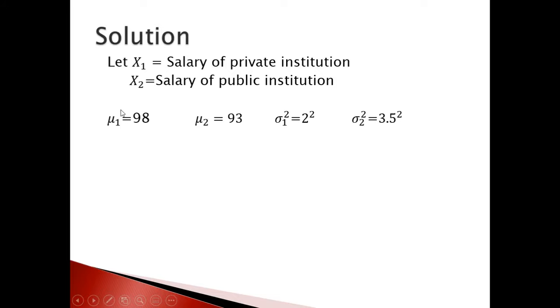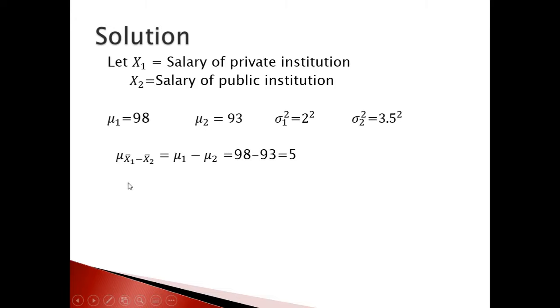The mean of population 1 is 98, the mean of population 2 is 93. So sigma 1 squared, where the standard deviation of population 1 is 2, squared, which means 4. The standard deviation squared of population 2 equals 3.5 squared.